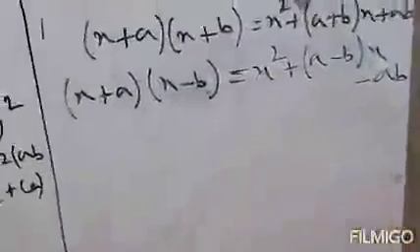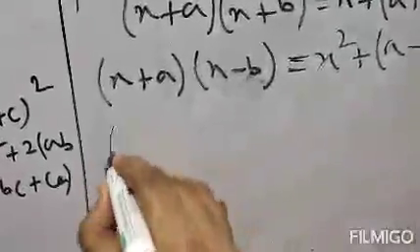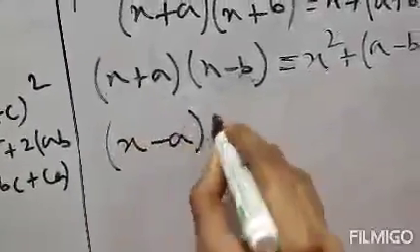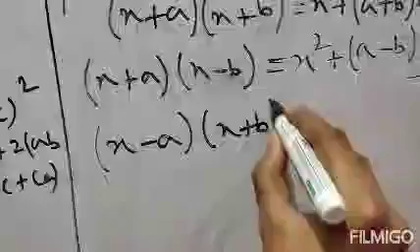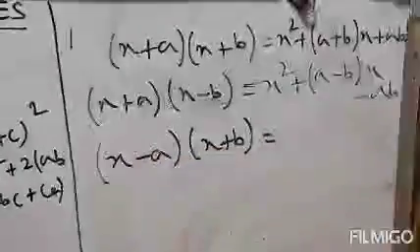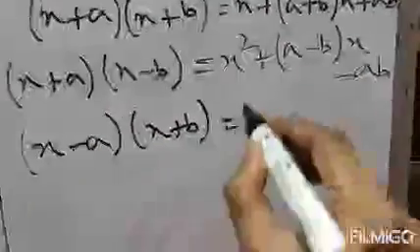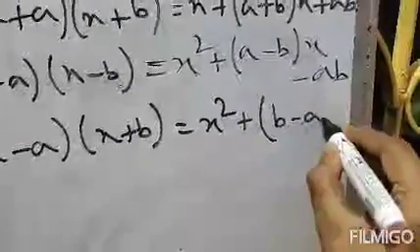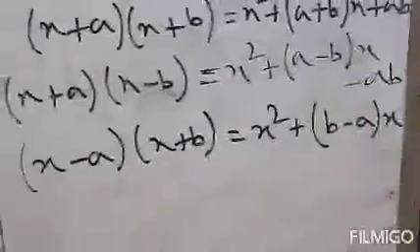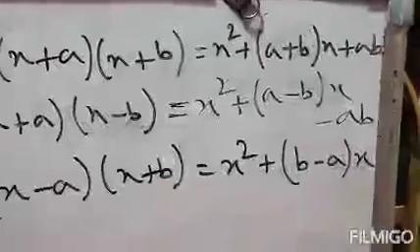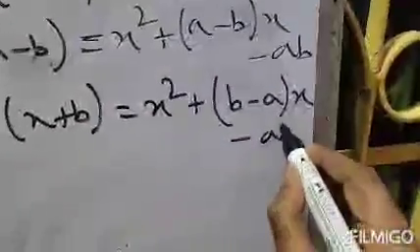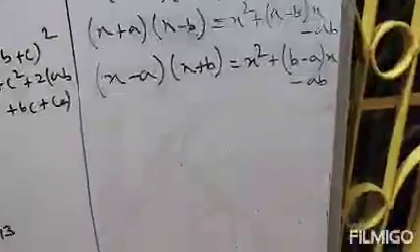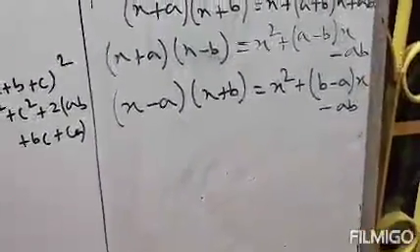Next identity, x minus a, x plus b. Now this is minus, so the identity will be x square plus (b minus a)x minus ab.